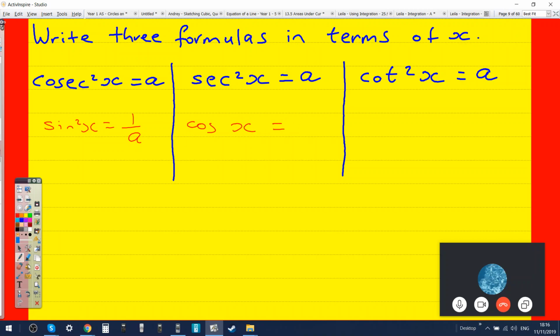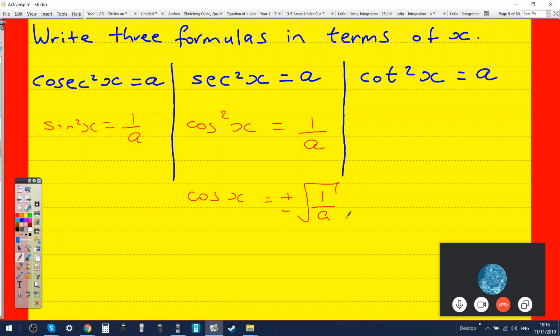Something's missing. This is what you said for the left one. This is what you're saying for the right one. Oh, so you put a squared in front of the... Yeah. So you continue with cos x equals root 1 over a. That's it. So you left out the root last time.